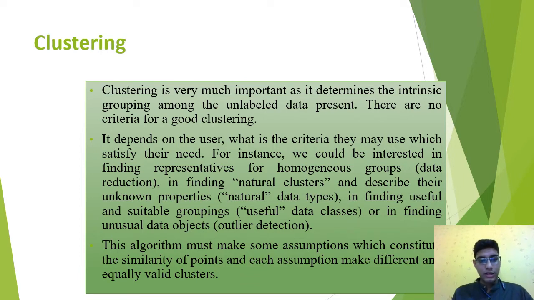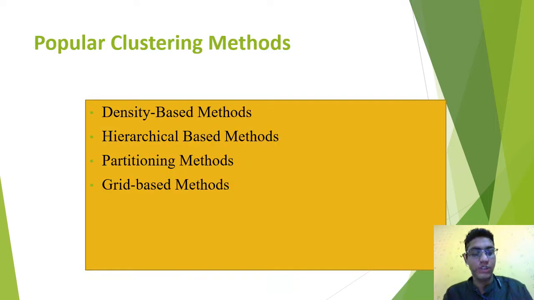Now, what does clustering do? This algorithm must make some assumption which constitutes the similarity of points, and each assumption makes different and equally valid clusters. So there will be clusters and there will be different assumptions. Every assumption will make different but equally valid clusters. So now, what are the popular clustering methods?